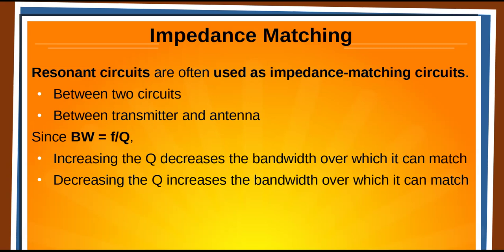The higher the Q, or quality factor, which is a representation of how closely it resembles an ideal component, like a perfect inductor or a perfect capacitor would have infinite Q. That's not real world. The higher the Q, the narrower the bandwidth for that circuit. And you see on some of the plots how sharp some of those curves are. So if you need to match a fairly wide bandwidth, you need to have lower Q components.